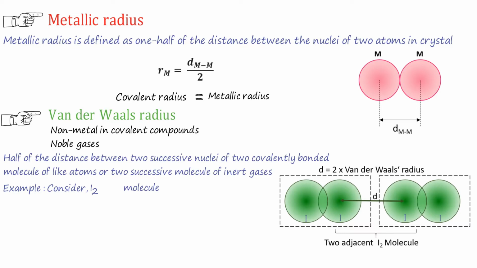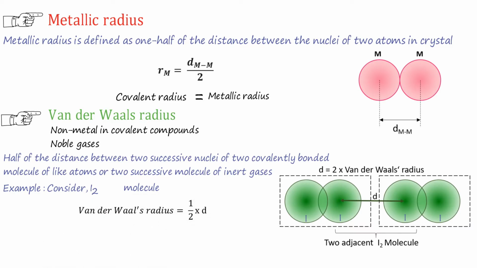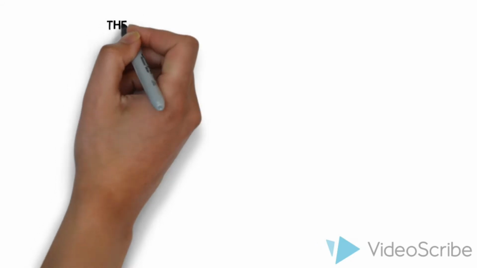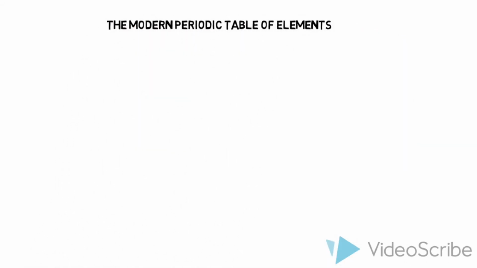The internuclear distance between these two interacting nuclei is 2 times the van der Waals radius, or in other words, half of the internuclear distance between these two interacting iodine atoms is called the van der Waals radius. The van der Waals radius is greater than the covalent radius because van der Waals forces of attraction are weaker than covalent bonds. In the following slides, I will show you the periodic trend of covalent radii in the modern periodic table.